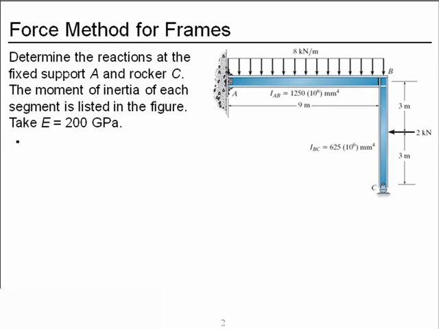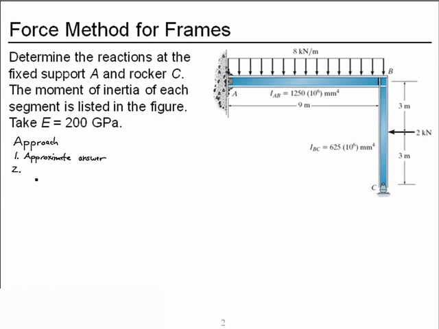And here's our approach. I always want to start by approximating the answer, because after performing lengthy calculations using the force method, we want to have something to use to ensure that we have a reasonable answer.